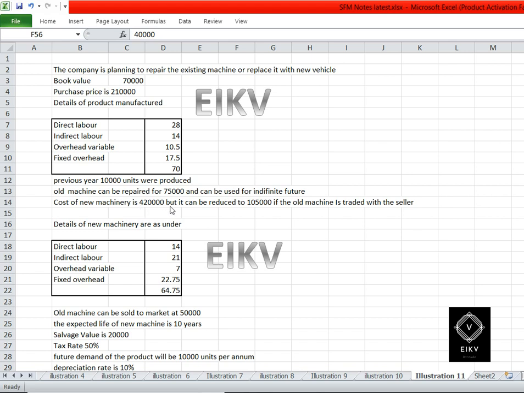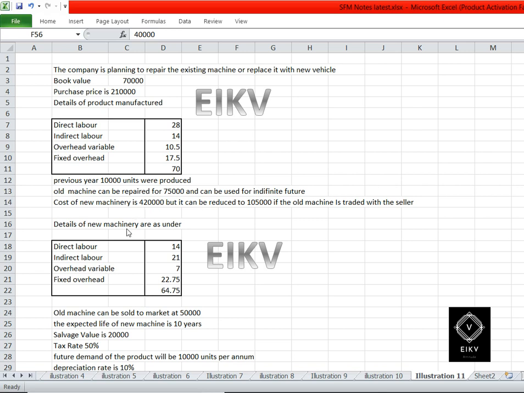The cost of the new machinery is 4,20,000, and it can be reduced by 1,05,000 if the old machinery is traded with the seller. So if the old machinery is exchanged with the seller, we can get a further discount of 1,05,000.